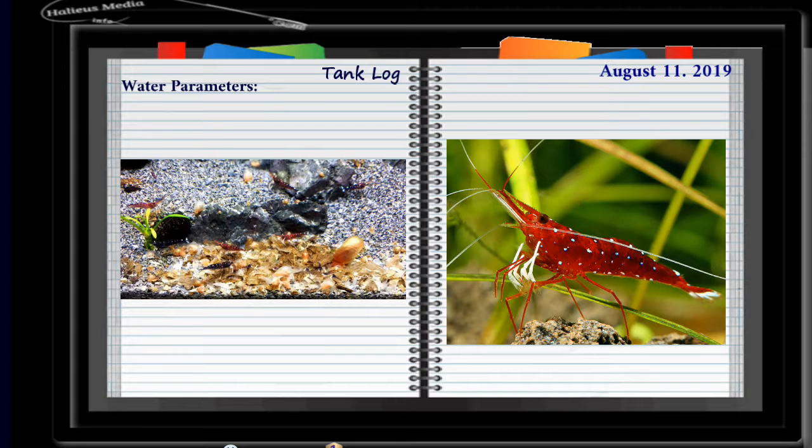So what can be done about this as far as making it suitable for other types of shrimp? You can buffer the water by using either Indian almond leaves, or you can replace the substrate with a majority of peat that will turn it into what's called a black water tank. You can also use wood or a combination of those to acidify the tank, but none of them are really good solutions.